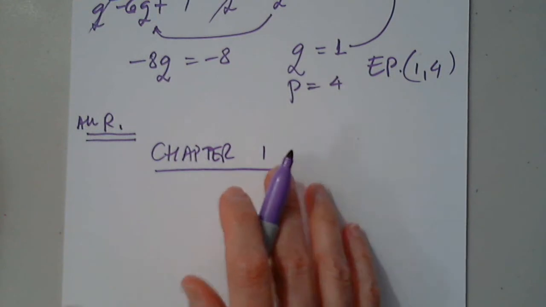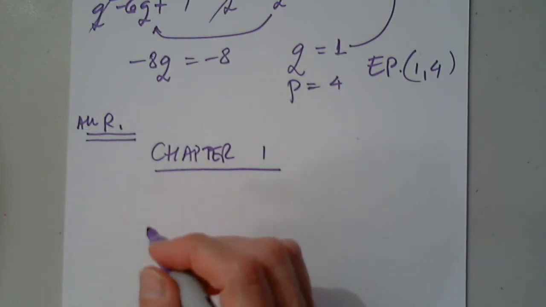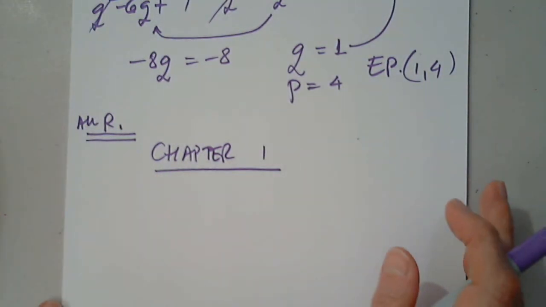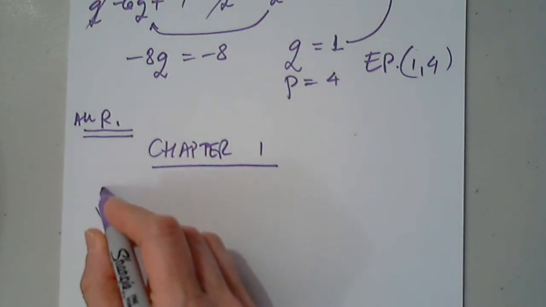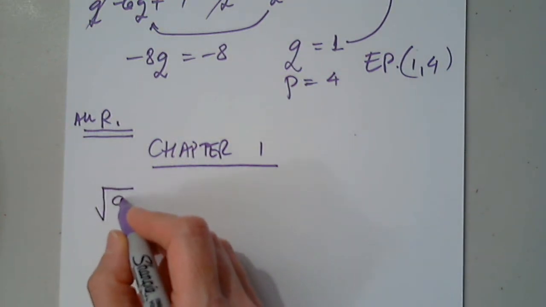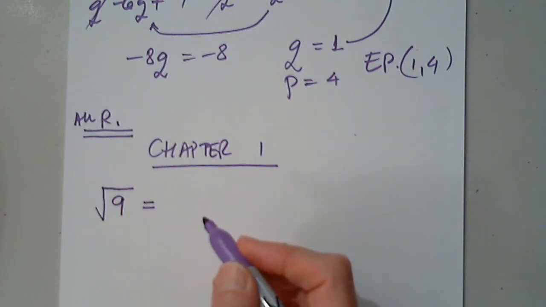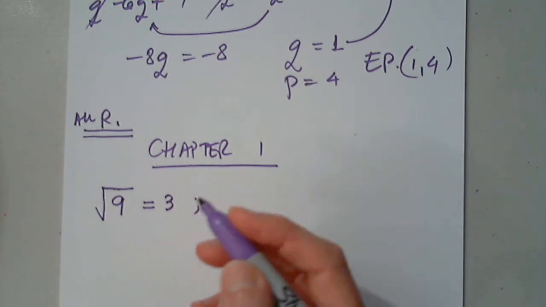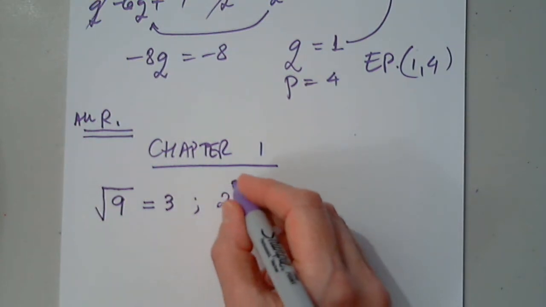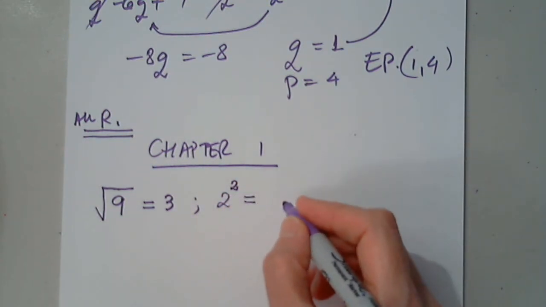Okay, so chapter 1, I just want to ask you a couple of questions. Let's agree on a few things. If I ask you to give me the square root of 9, what will you say? 3. Excellent. If I ask you to square 2, what will you say? 4.